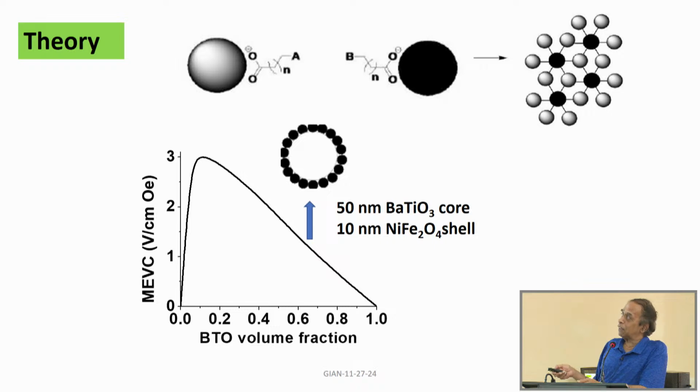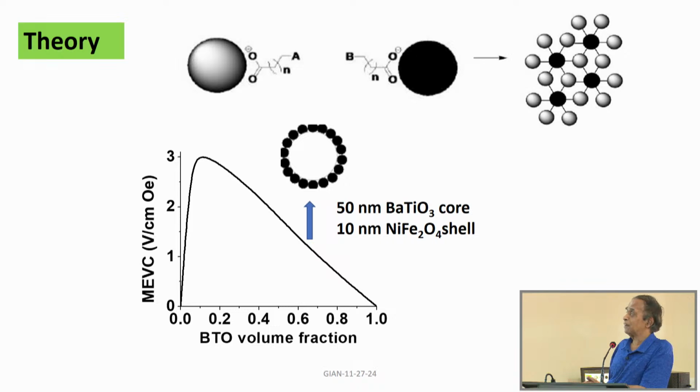We did some theory, and the theory predicted strong magnetoelectric interactions for coarser particles. For example, we did some simulation for a core of 50 nanometer barium titanate and a shell of 10 nanometer nickel ferrite, and we came up with very strong interaction strength through the calculation of the ME voltage coefficient.